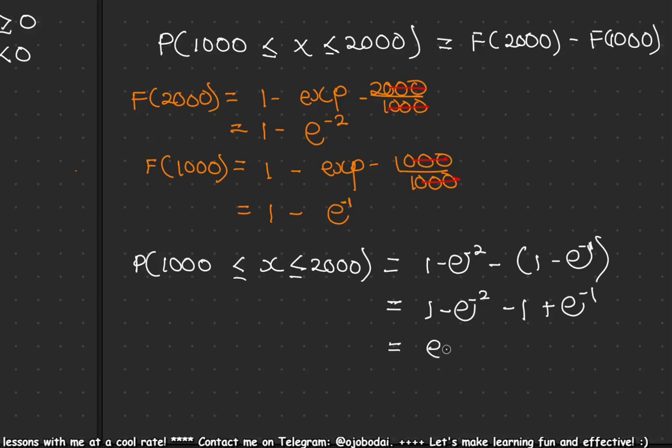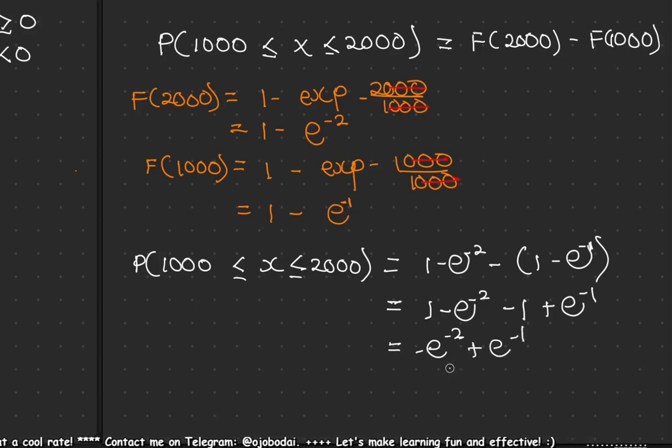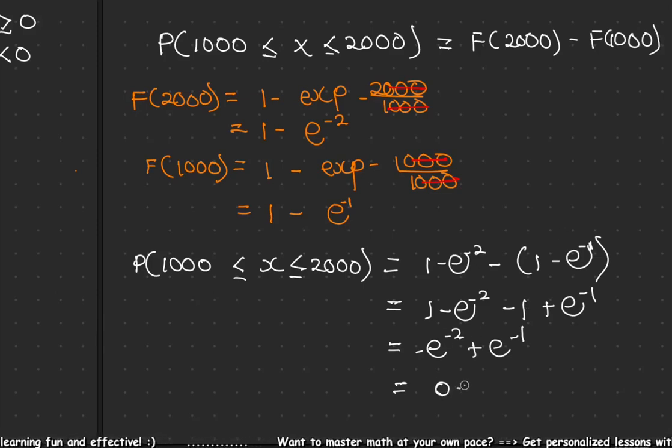Then now we are going to have e raised to the power negative 2, not forgetting our negative in front of it, plus e to the power negative 1. You see? Now at this point, you can punch all this on your calculator. And that is going to give you 0.2326.